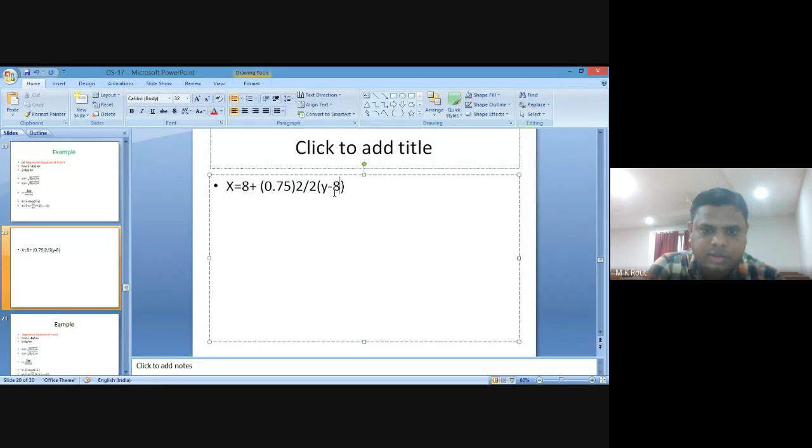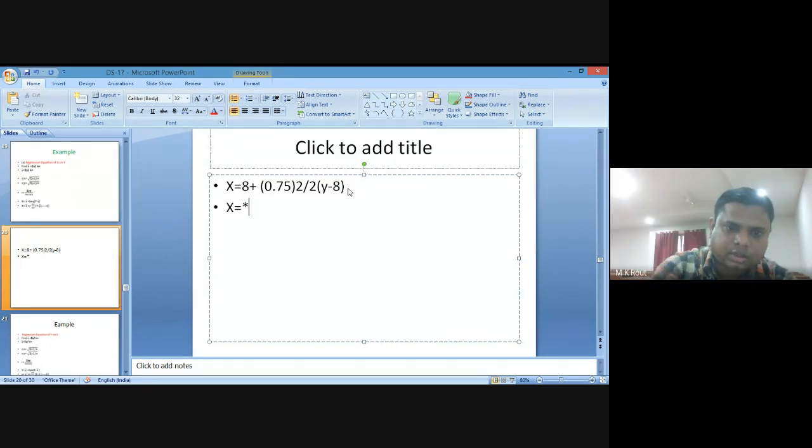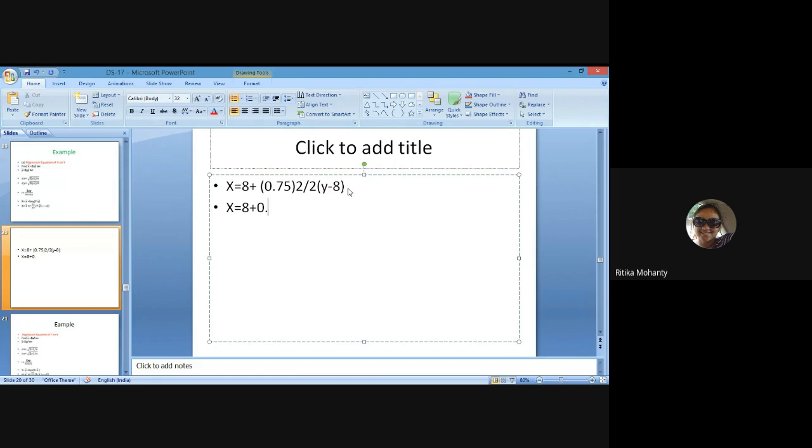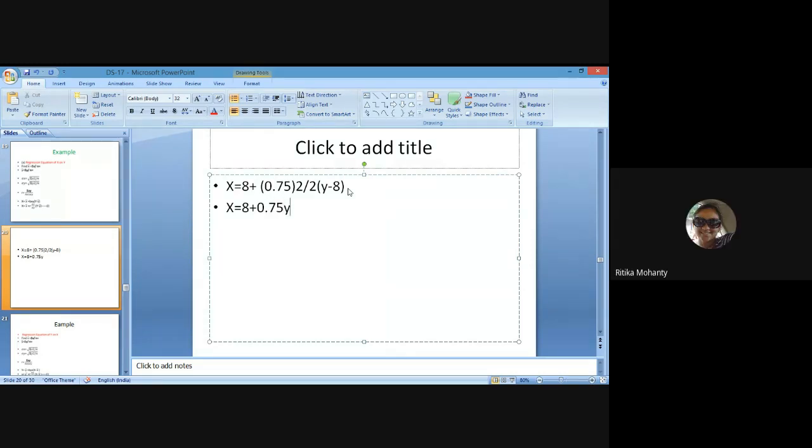If you simplify this, x equals 8 plus 0.75y minus 6.